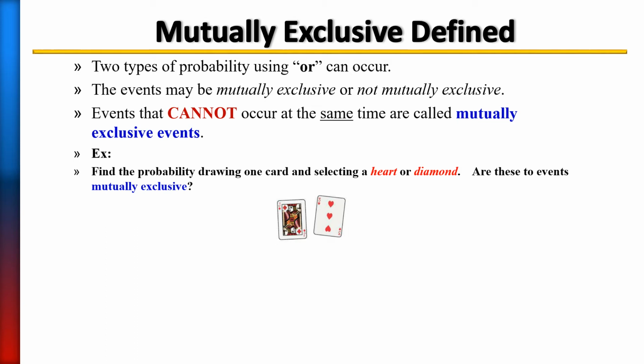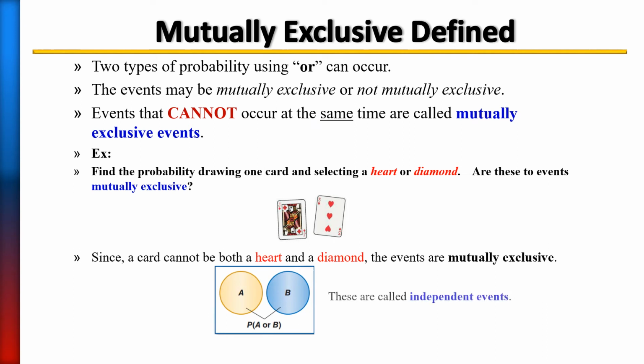No, it can't be both. You can't take one card from the deck and it be a heart and a diamond. So therefore, we say that these two events are mutually exclusive, meaning they are independent events. They cannot occur at the same time.